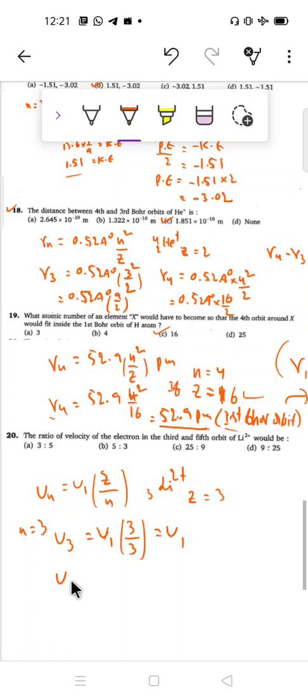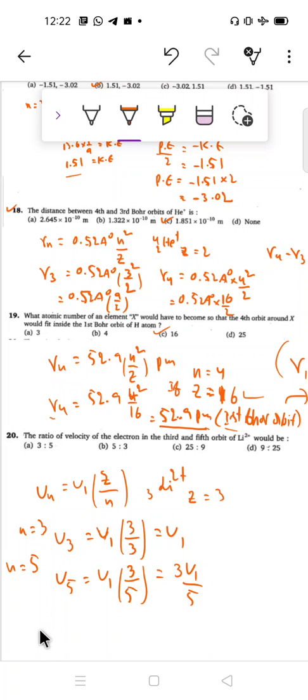What about n is equal to 5? Then substitute here v5 is equal to v1, Z value is 3, n value is 5. You can get 3v1 by 5.